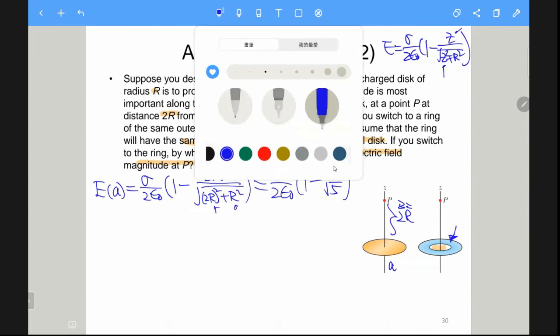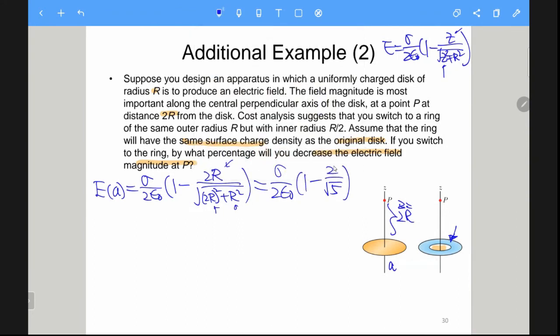And then we actually don't have a closed expression for the blue ring, but we can calculate the inner part and subtract it. So we assume this part is B. So E_B will be sigma over 2 epsilon naught times 1 minus, here is still 2R because this is still 2R.